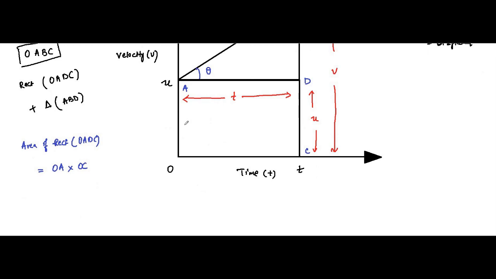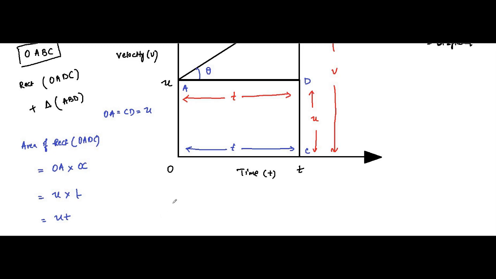Here OA is equal to CD, which is the initial velocity, and OC is equal to the time interval. So the area of the rectangle OADC is equal to ut.